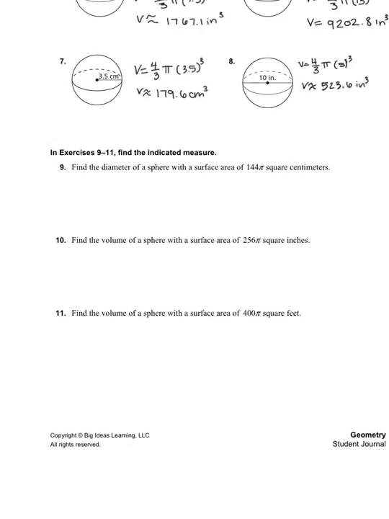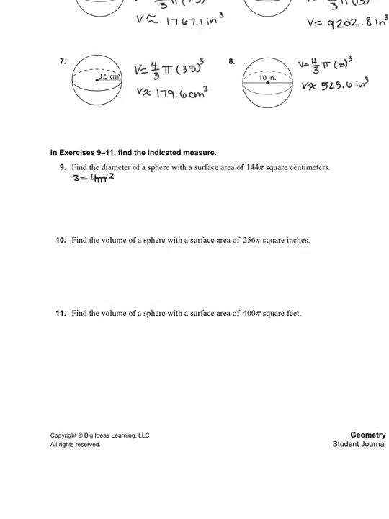Okay, for this next part, we're asked to find the diameter of a sphere with a surface area of 144 pi. First off, we know that the formula for surface area of a sphere is S equals 4 pi r squared, right?